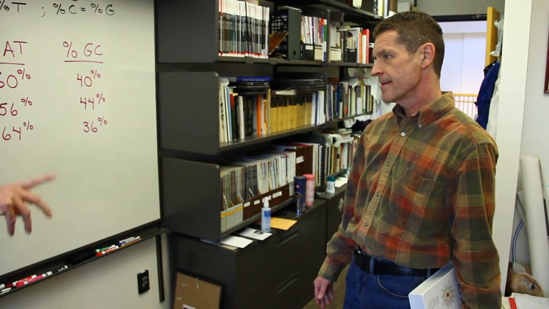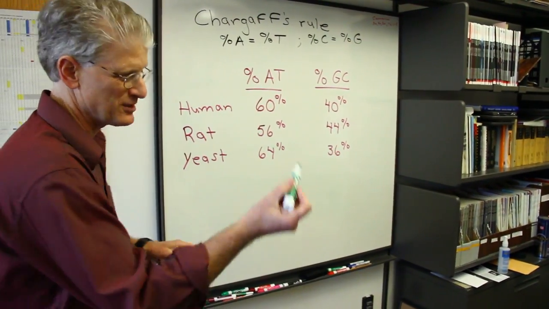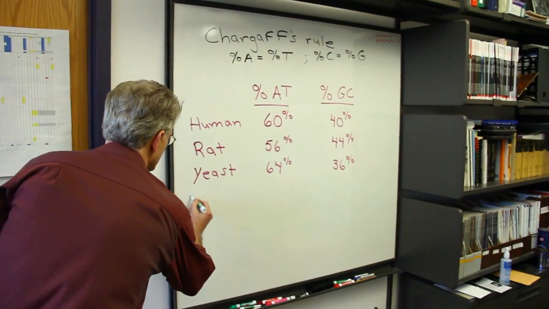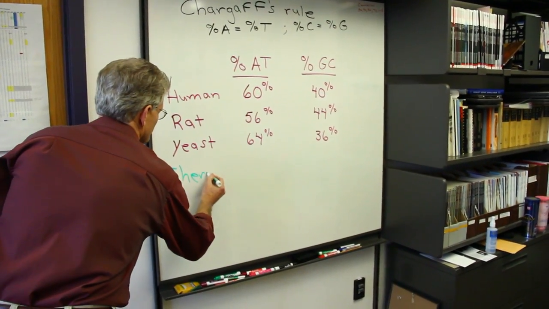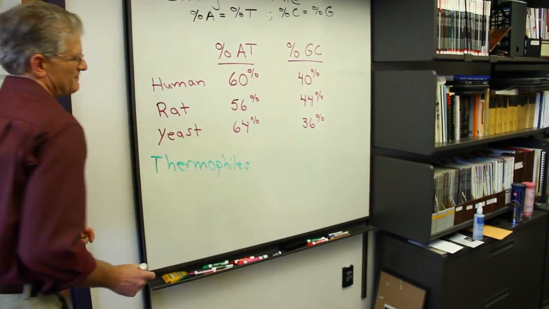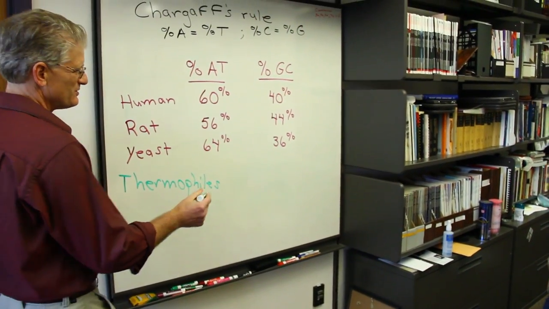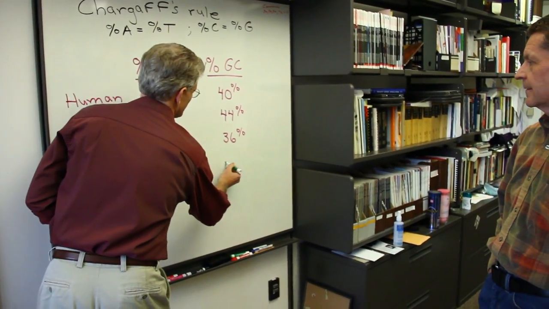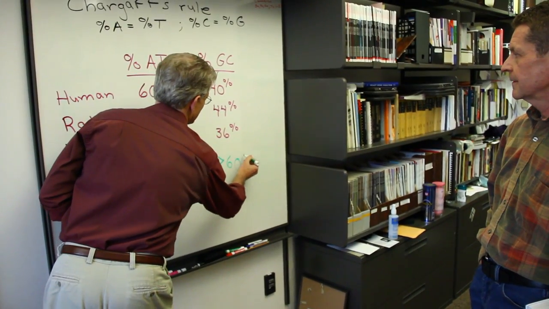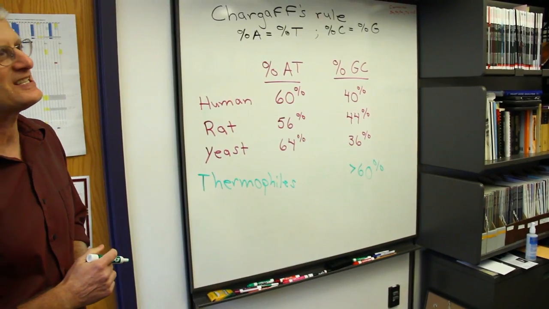If you look closely, those high GC content bacteria tend to be the thermophiles that you lectured on a little while ago. These heat-loving fellows right here, if you look at their GC content, it's almost off the chart. It can be greater than 60% of the nucleotides are G's and C's.